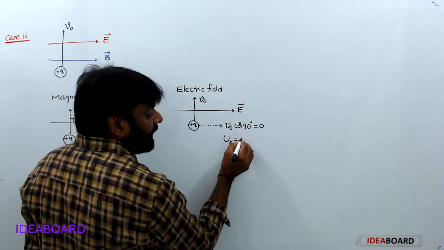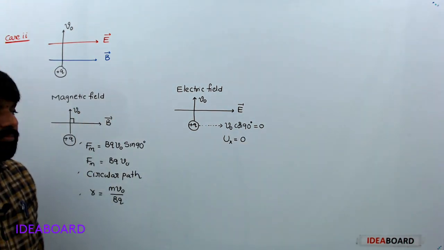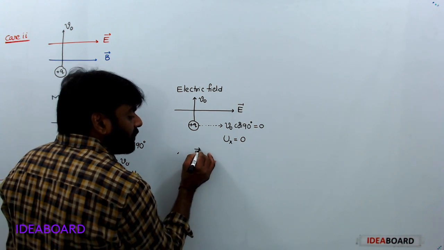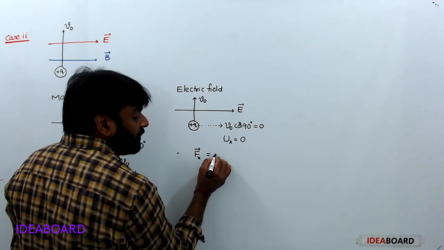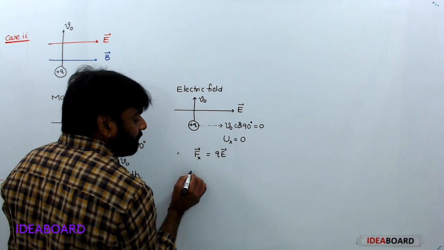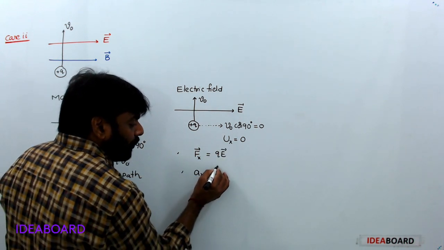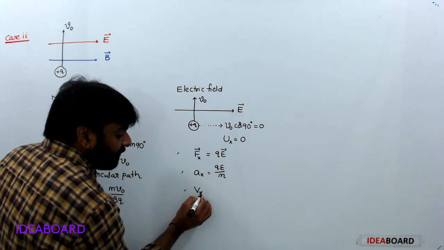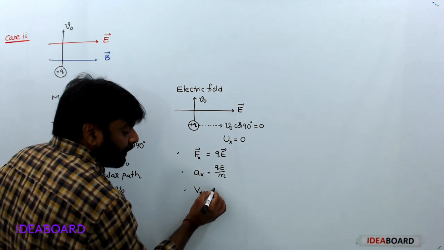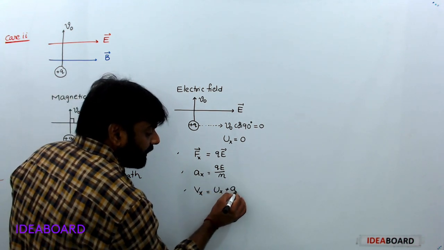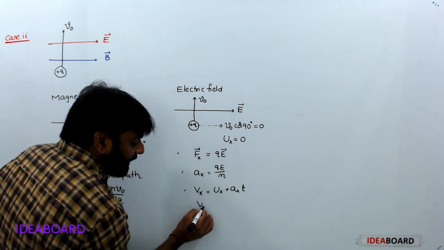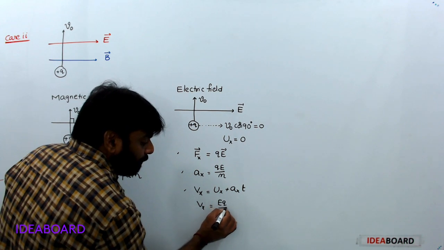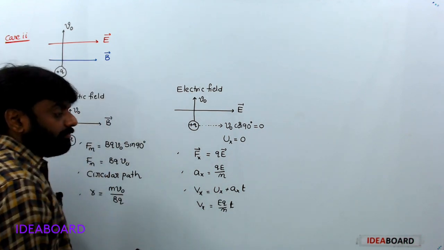Now along the x direction, the force on the charged particle is equal to q into E bar. You know Ax is equal to QE by m. After a certain time, velocity Vx is equal to Ux plus Ax into t. Ux is 0, Ax means EQ by m into t.